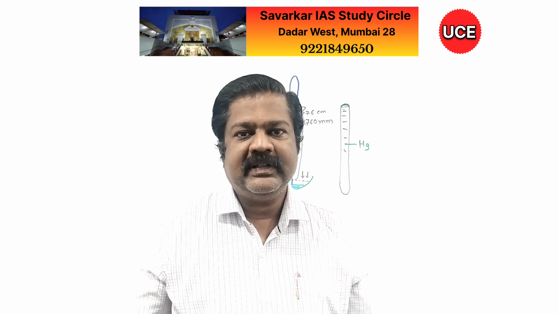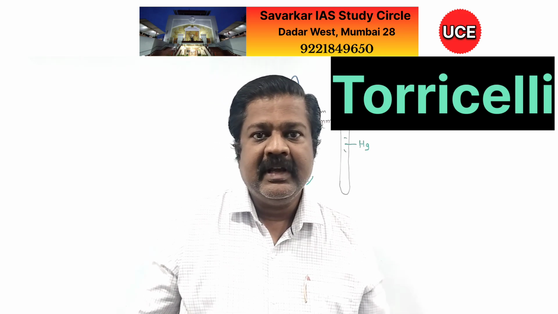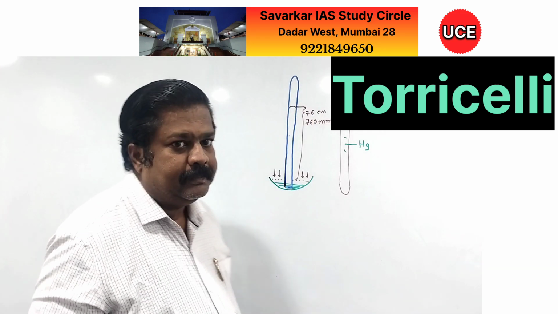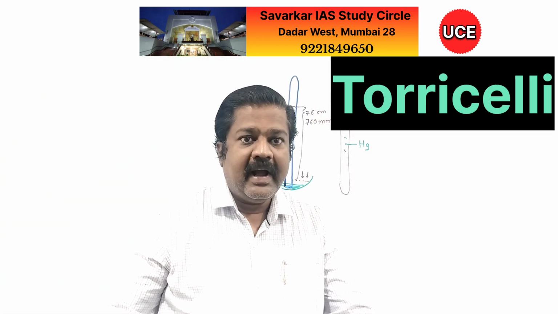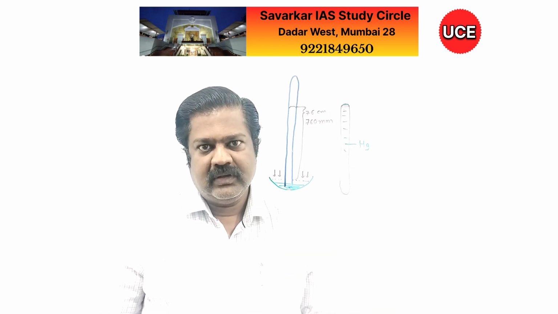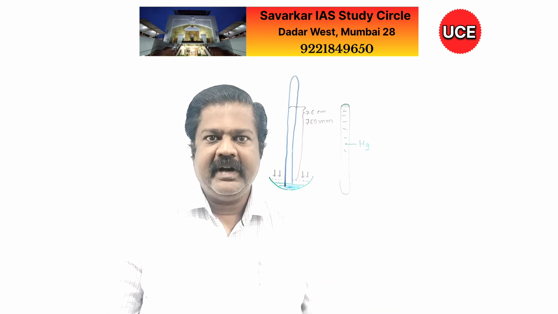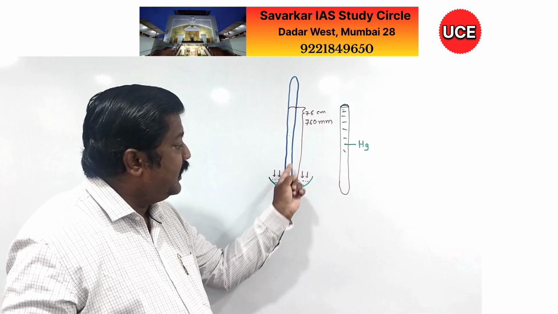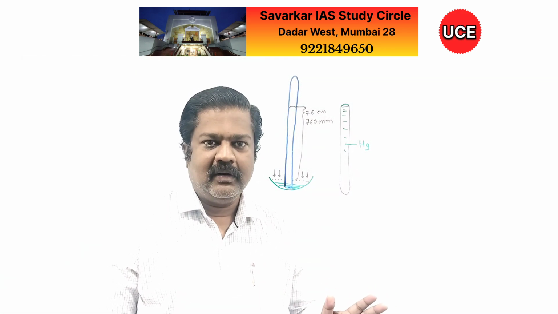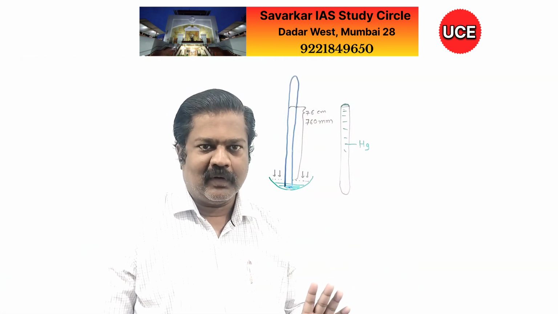The instrument was designed by a person named Torricelli, and he said that whatever is in the space here is vacuum. Why? Because mercury is going down, but mercury is a very dense metal. It is in liquid state but a very dense metal. As a result, when it is going down, it is not displacing air. If air is displaced, then the barometer will not work.